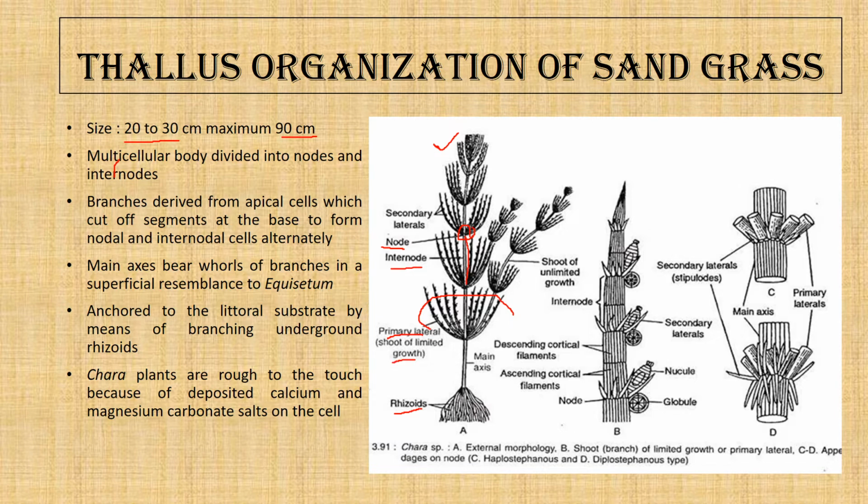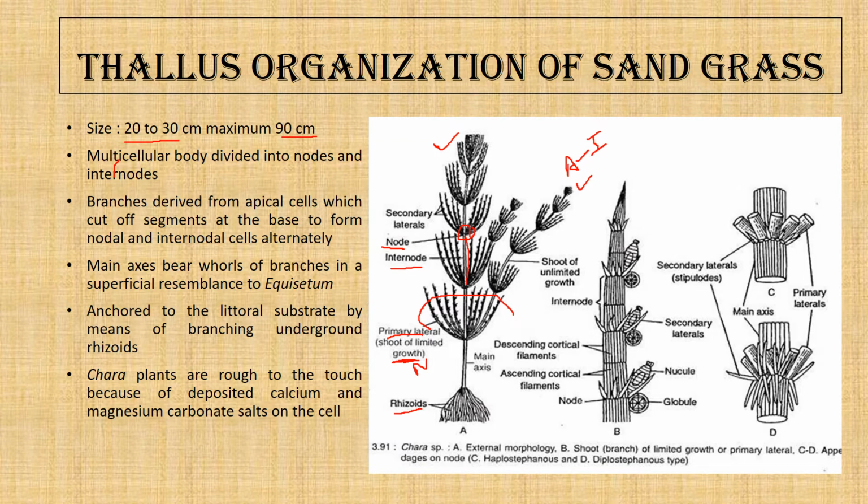And from the axil of the primary laterals arise the branches. These branches are called the long branch or axillary branch, because they can grow very long. This primary lateral arises from the division of the nodal cell, but this axillary branch arises from the division of the internodal cells.